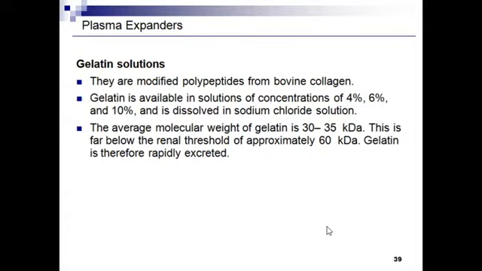The average molecular weight of gelatin is from 30 to 35 kilodalton. This is far below the renal threshold of approximately 60 kilodalton, so gelatin is rapidly excreted from the bloodstream.